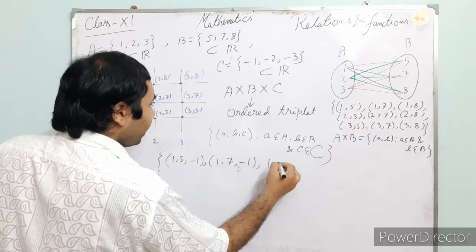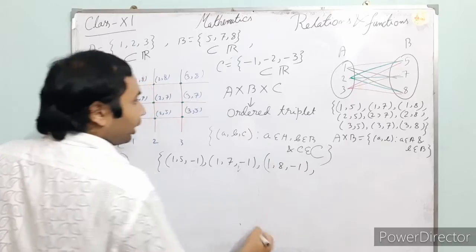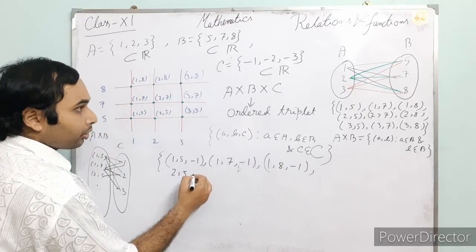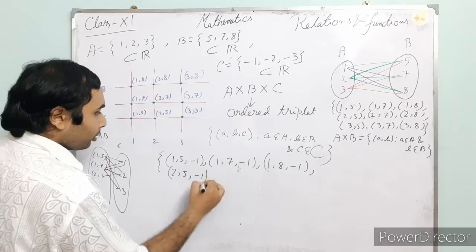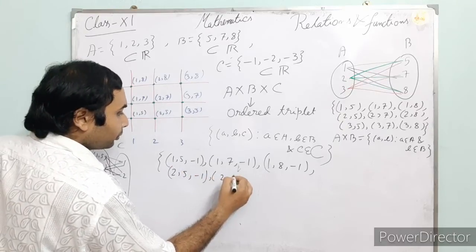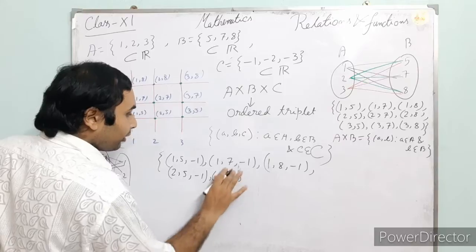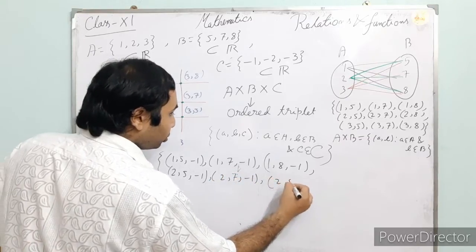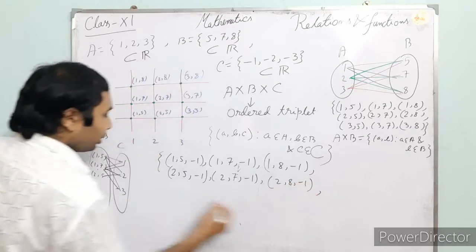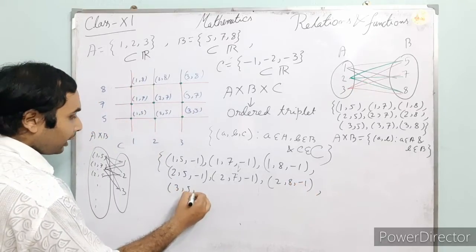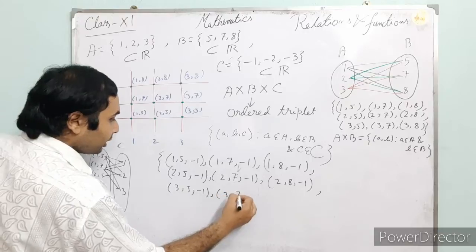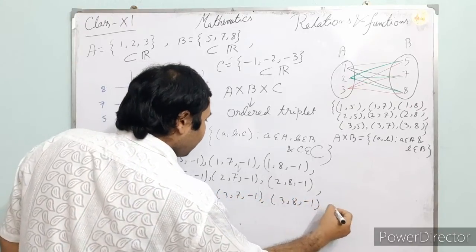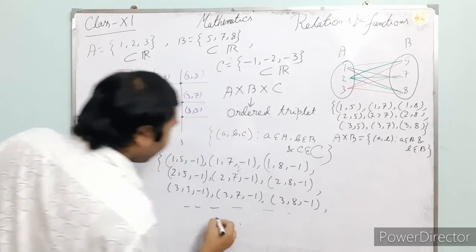Then (1, 8, minus 1). Then (2, 5, minus 1), (2, 7, minus 1). Now the minus 1 is going on only. (2, 8, minus 1). Then (3, 5, minus 1), (3, 7, minus 1), (3, 8, minus 1). And this will go on.